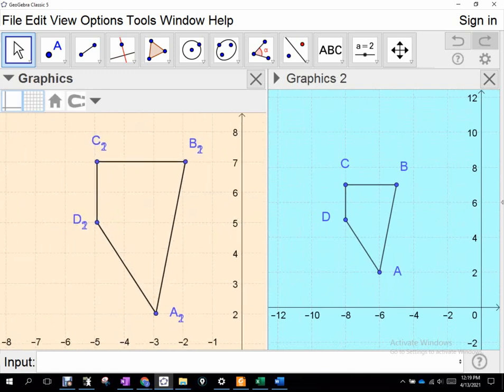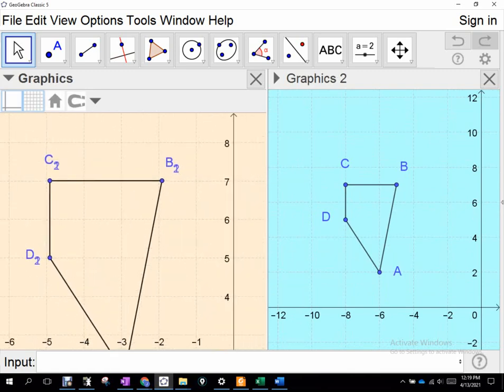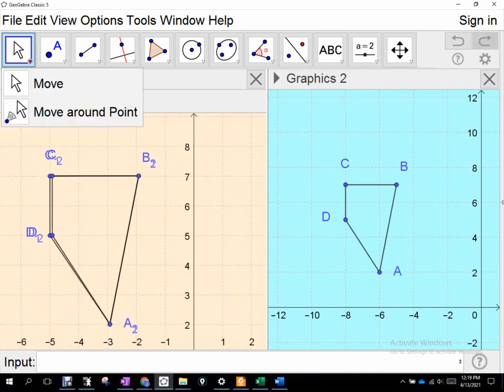If I move this one right 4 units, bear with me here.